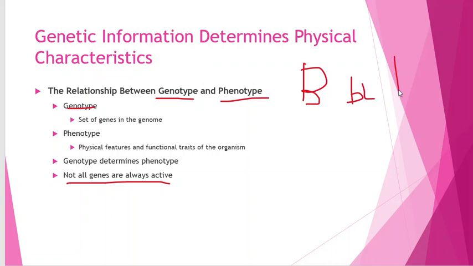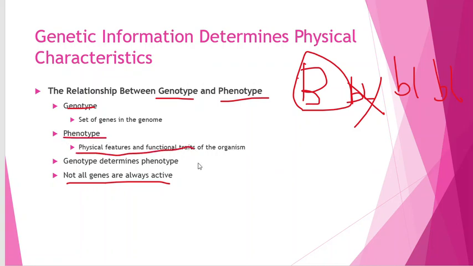The only way I get blue eyes is if I have two blue-eyed genes. But if I have anything else, two browns or a brown and a blue, then the brown is going to be expressed and the blue is going to be recessive. So just because you have the information there doesn't mean that it actually is put into effect. That is the phenotype. That's what you actually are, your physical features and traits.